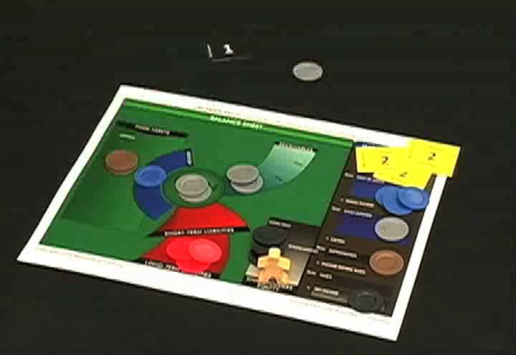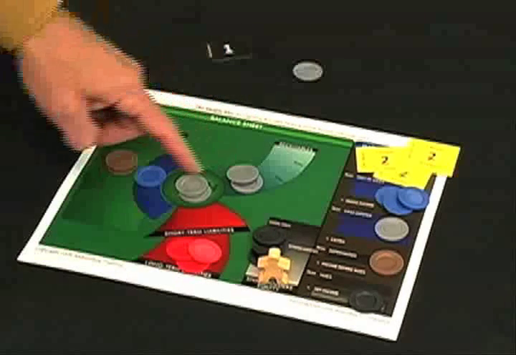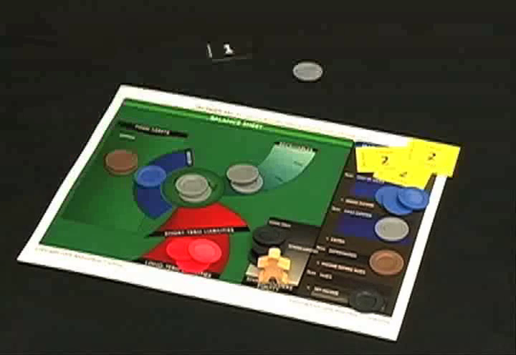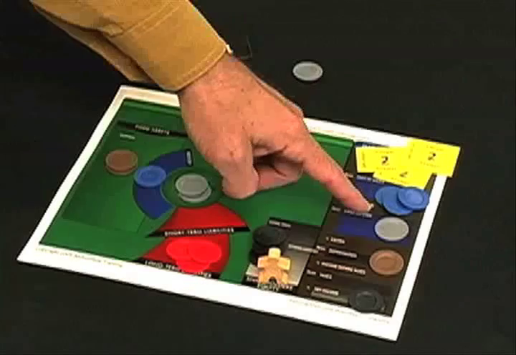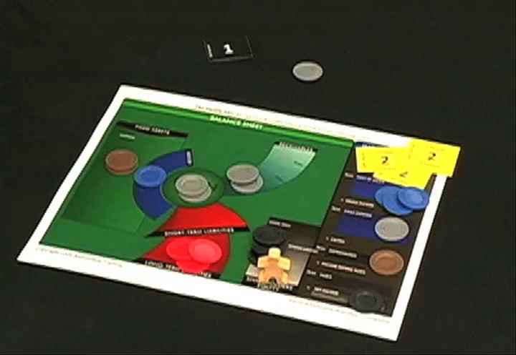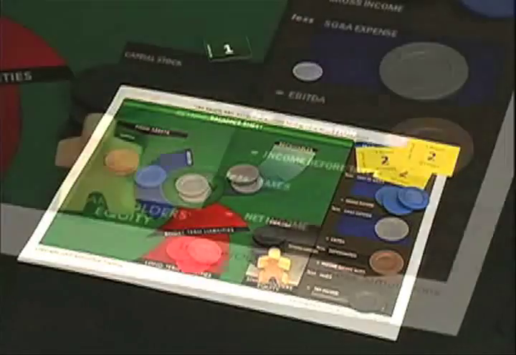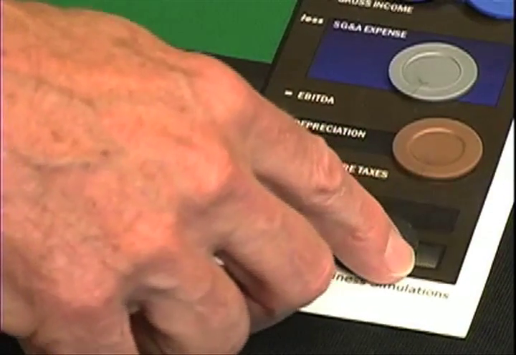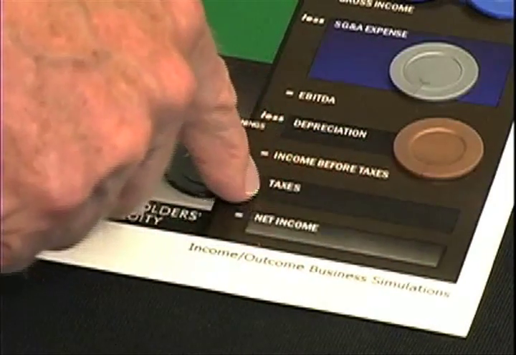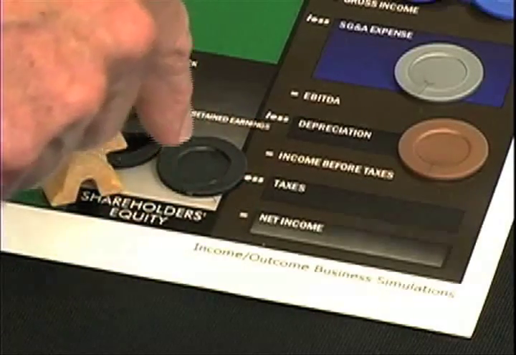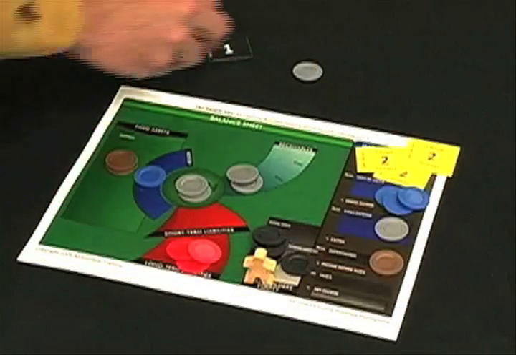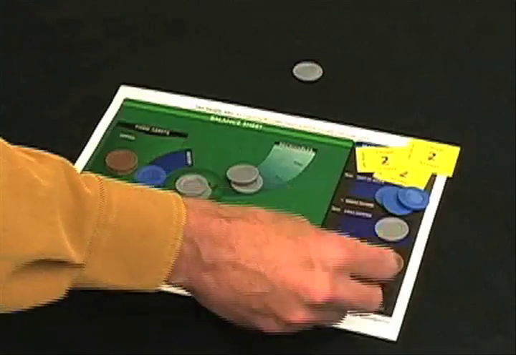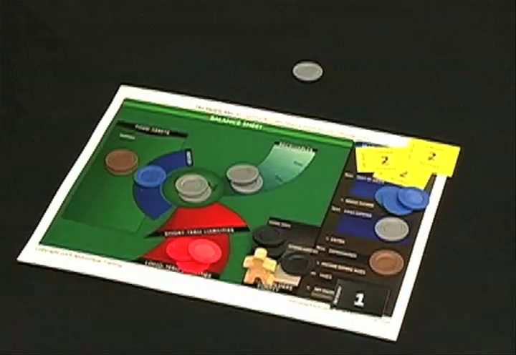Profit occurred because more money came onto the balance sheet from sales, 6 chips came on, than went out onto the income statement, the 3 blue, 1 silver and 1 copper. You're going to retain this profit in the business, so we move the black chip over to retained earnings. And we'll put a black profit record at the bottom of the income statement.